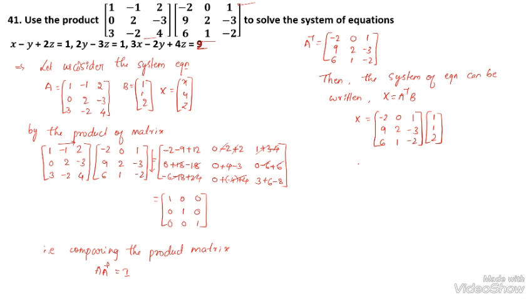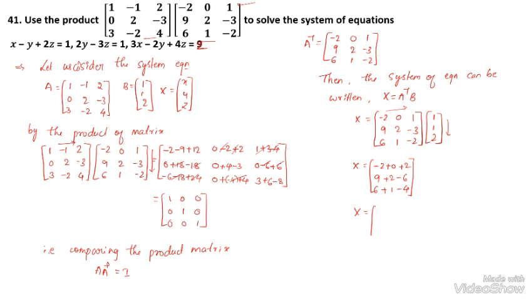Taking the multiplication, you will get row by column: minus 2 into 1 is minus 2, 0 into 1 is 0, 1 into 2 is 2. Here 9 ones are 9, 2 ones are 2, minus 3 into 2 is minus 6. 6 ones are 6, 1 ones are 1, minus 2 into 2 is minus 4.